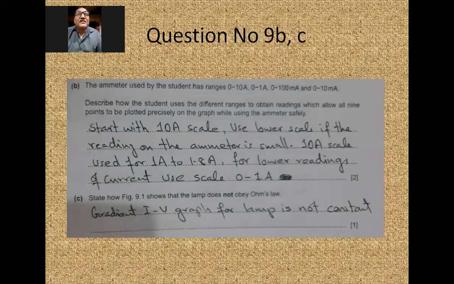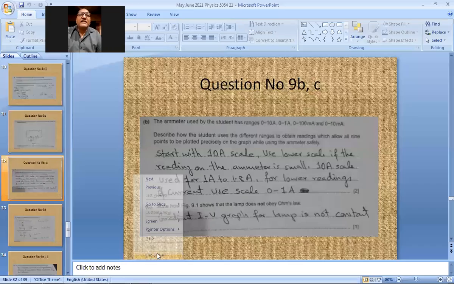It's a curve. That shows it's not obeying Ohm's law, and that the voltage and the current are not directly proportional to each other. That's why we say it's a non-ohmic conductor. So that was the C part. Hopefully you understood the answer.